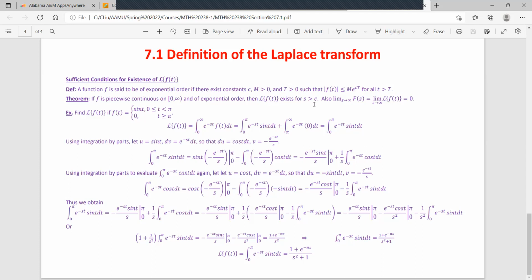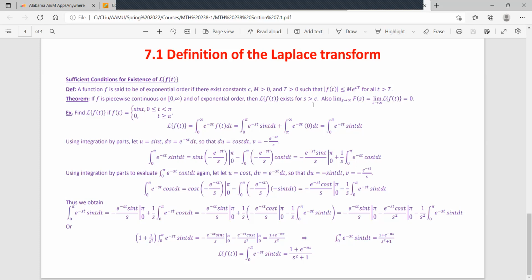You don't have to worry about this c at this point. It's just some parameter in the theorem, and for any particular function f you're going to get a different c.